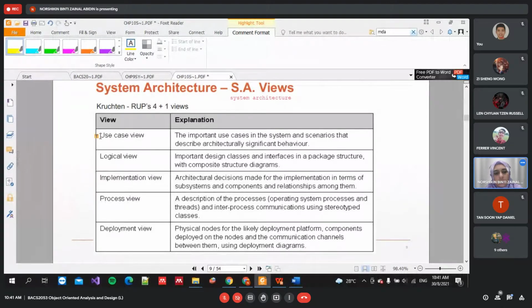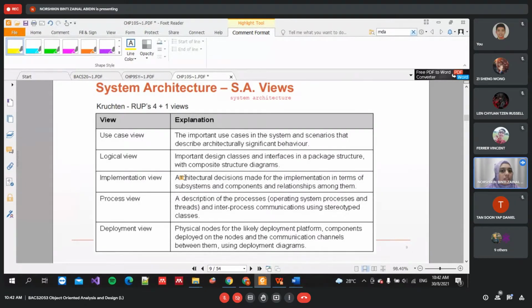Then the logical view: important design classes and interfaces in a package structure with a composite structure diagram. This one is how we connect them. What is the logical flow of our system? When you go to work later, I think you will hear this term. What is the logic of the system? What is the logic of the process?